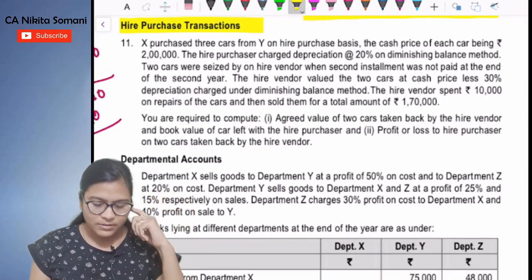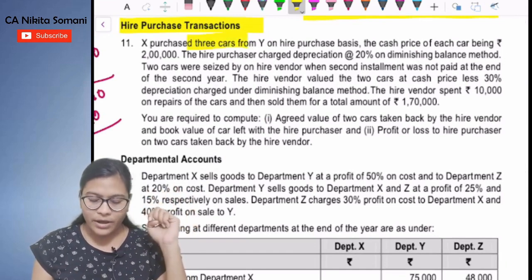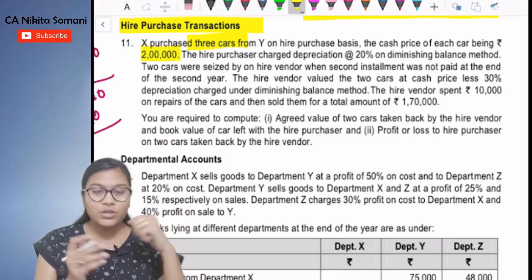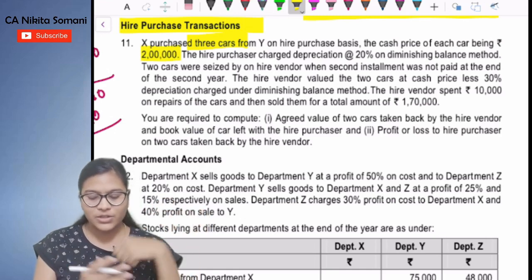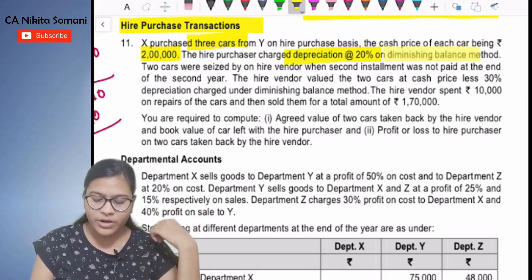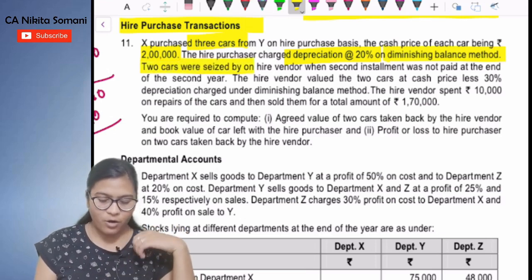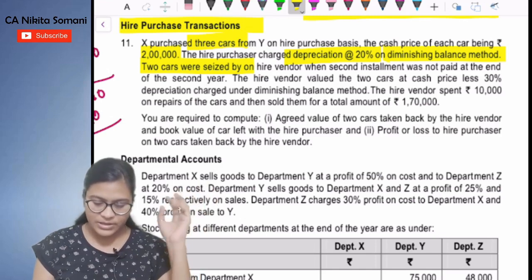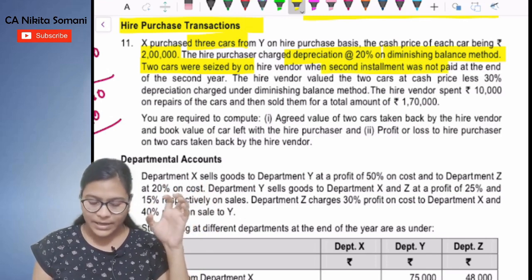X purchased 3 cars from Y on hire purchase basis. The cash price of each car is rupees 2 lakh. The hire purchaser charged depreciation at the rate of 20% on diminishing balance method. 2 cars were seized by the hire vendor when the second installment was not paid at the end of the second year.